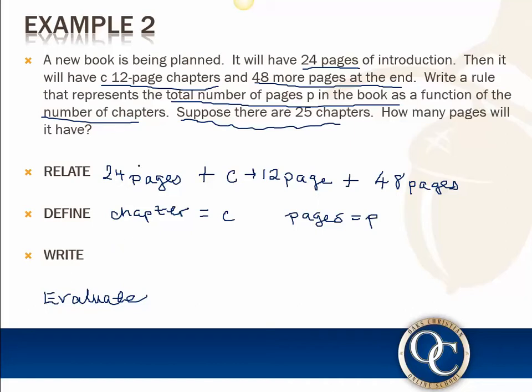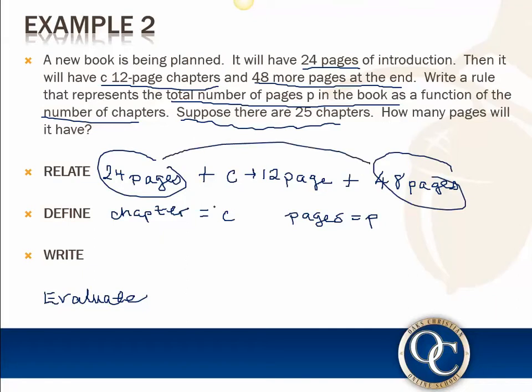And now let's write it out. We've got 24 pages and 48 pages. They don't have to be multiplied by anything, so let's just add them together. And I get 72 plus C 12-page chapters. We don't know how many chapters there are, but when we do, we're going to multiply them. And that will give us the total number of pages in the book.